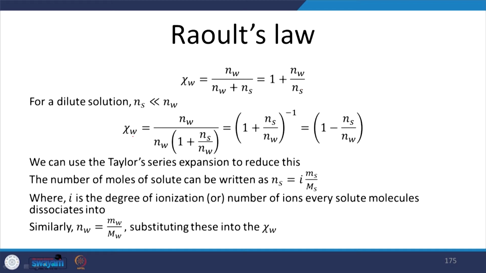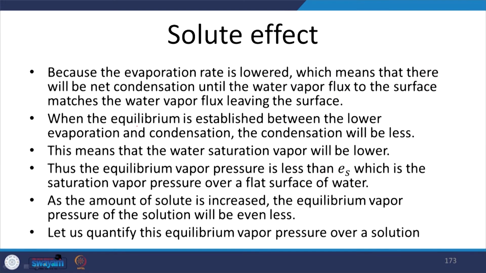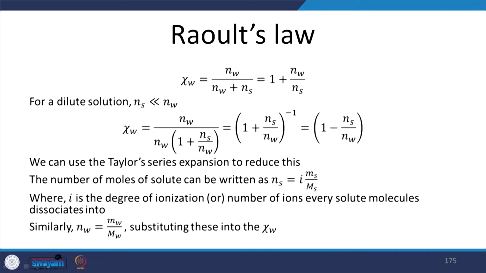So, chi W, the molar fraction, can now be written as NW by NW plus NS. Then we can write it as 1 minus NS by NW. Now, we can use the Taylor series expansion to reduce this.